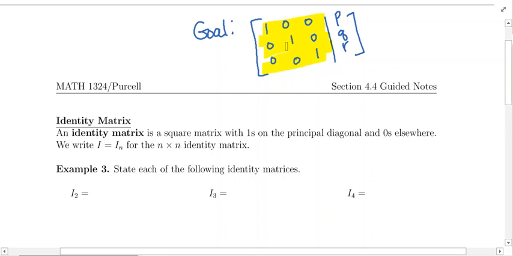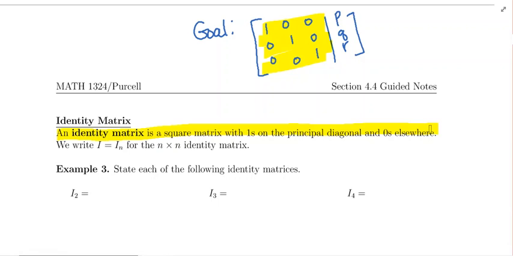It's a square matrix with ones on the principal diagonal and zeros everywhere else, and that is stated right here. So that's why I was always referring to that left-hand side of the goal as the identity matrix.